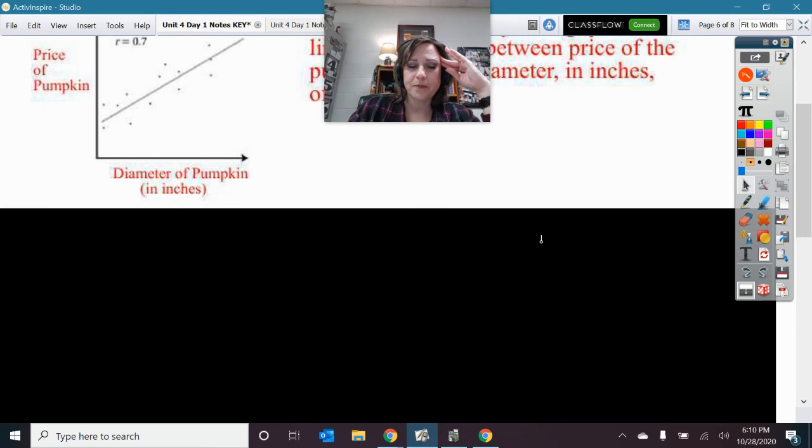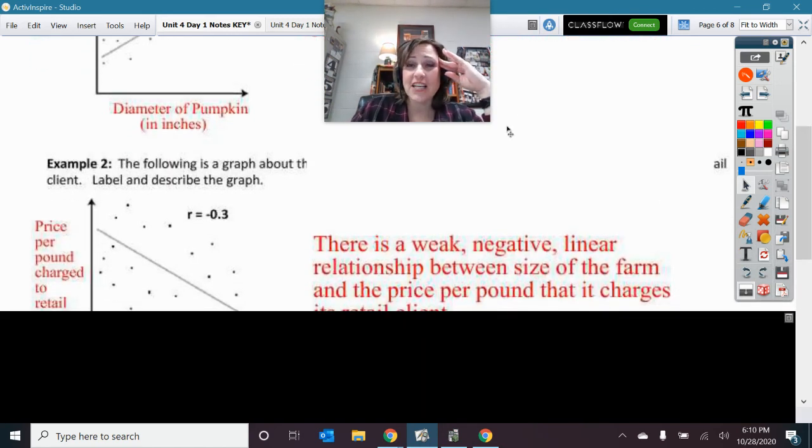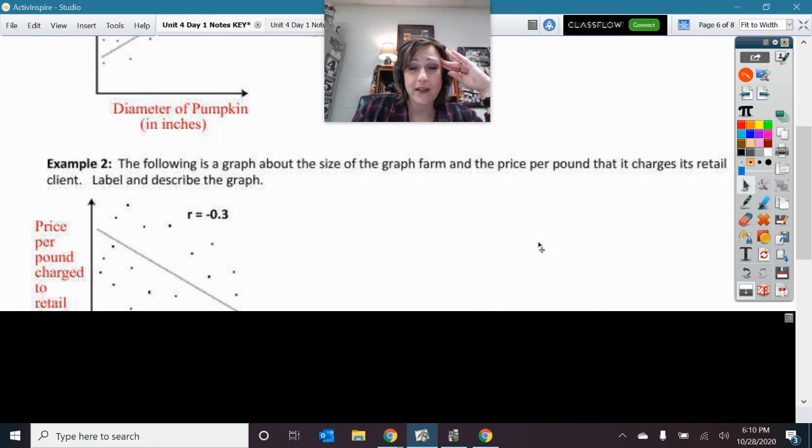Here we go. I have a typo here because it looks like there's a graph farm. Well, it was supposed to be a grape farm. Here's the following graph about the size of a grape farm and the price per pound that it charges its retail clients. So, say if you go to Walmart versus even Sam's, is there a difference in the price per pound?